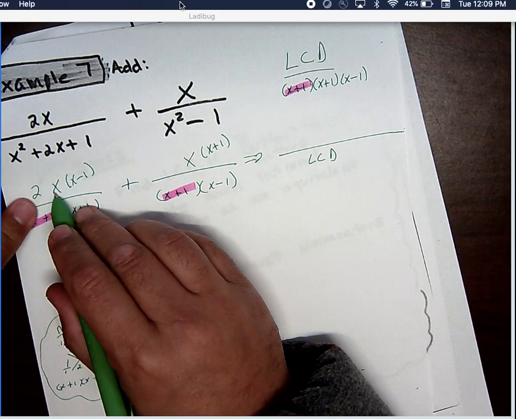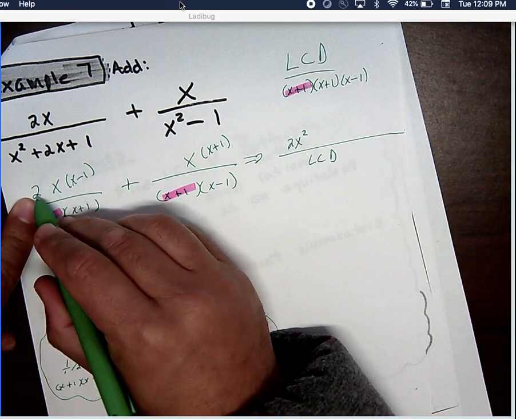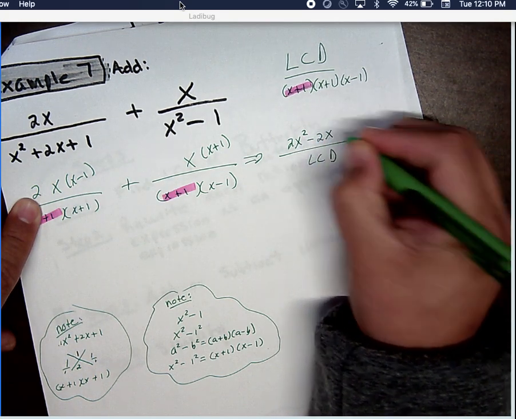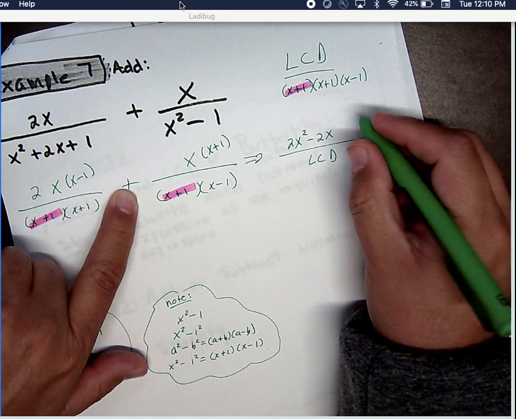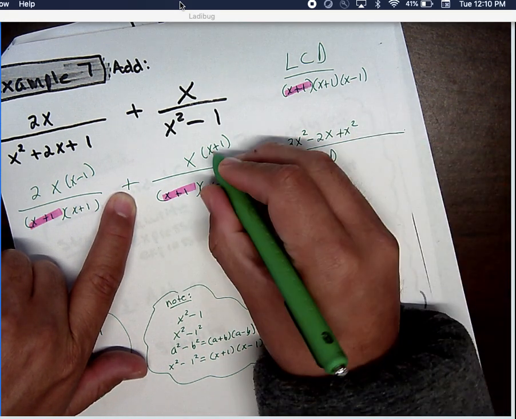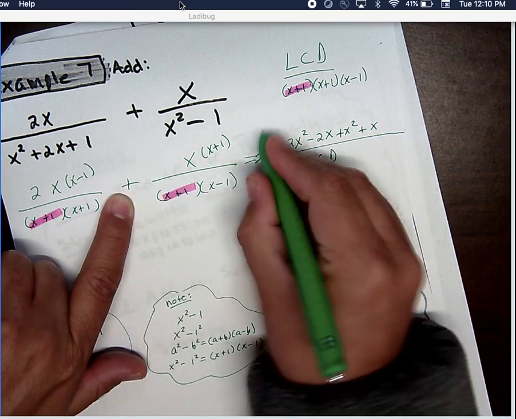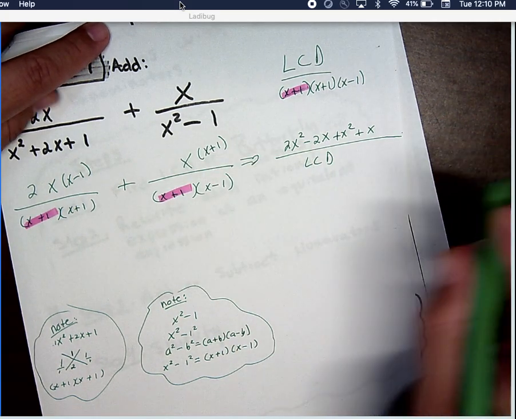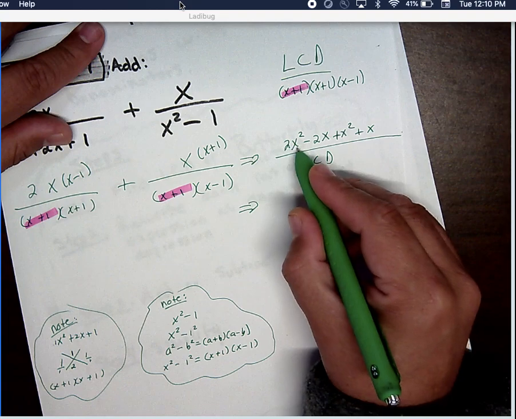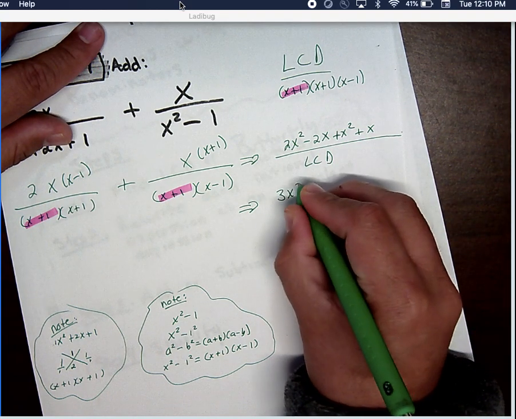Now let's put everything here. So 2x times x gives you 2x squared. 2x times negative 1 gives you negative 2x. Plus, x times x would be x squared, and then x times 1 would be x. This doesn't affect what happened here. So let's simplify the top. 2x squared plus x squared gives you 3x squared.